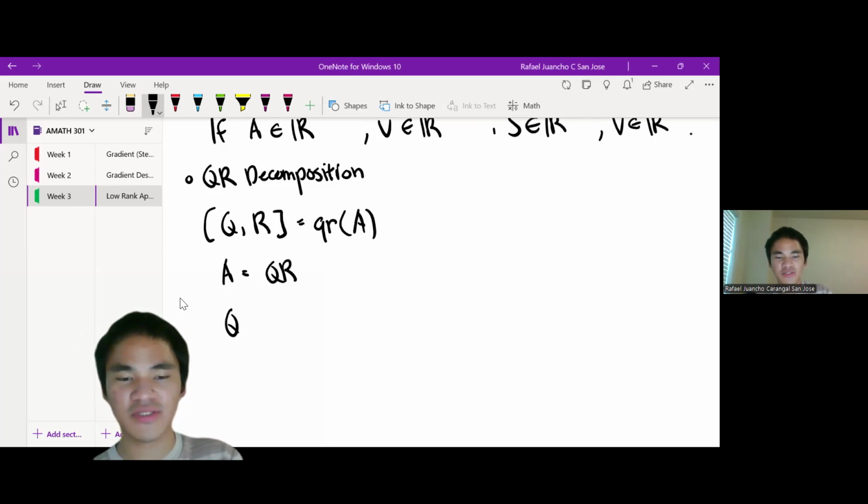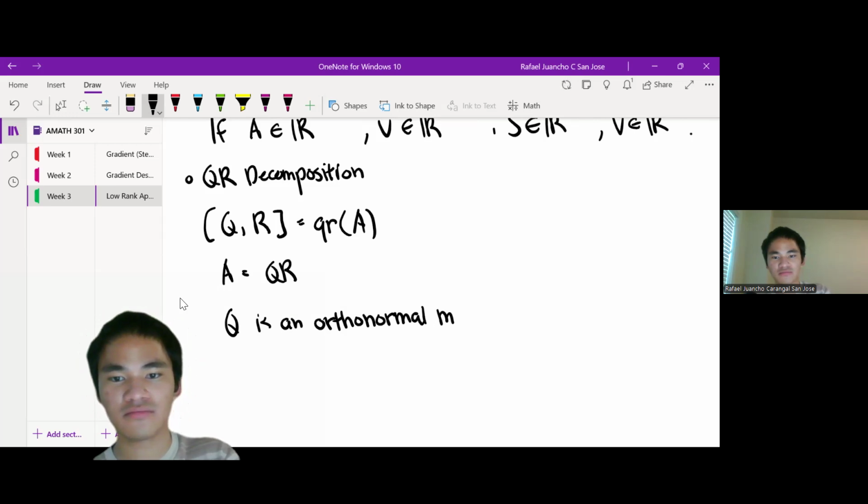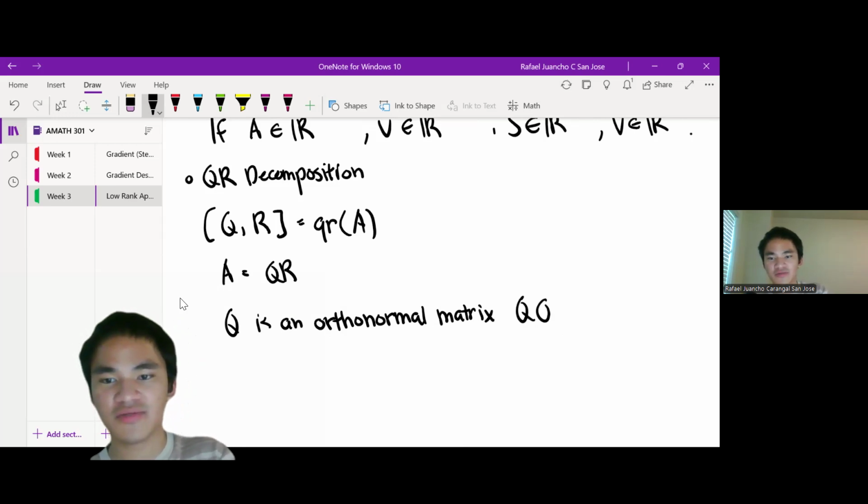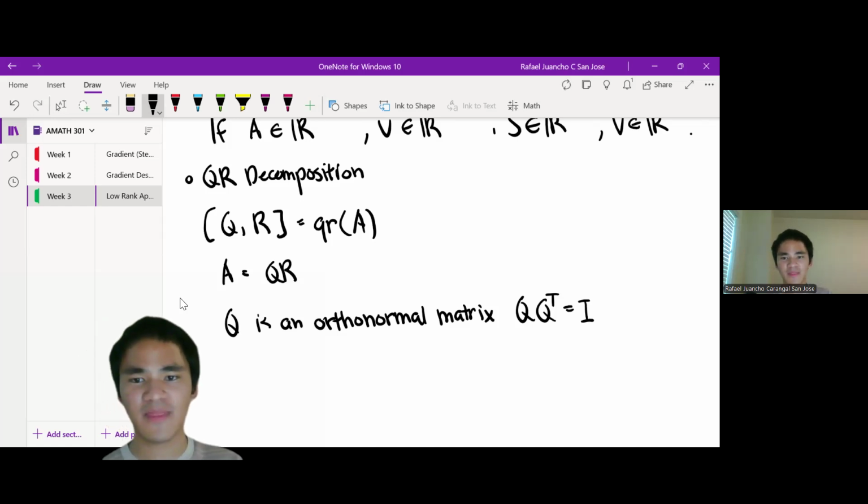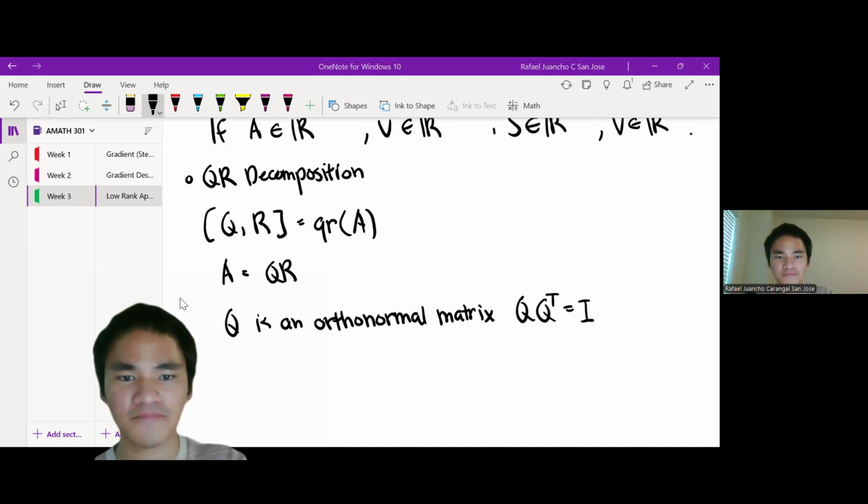So again, we're decomposing this matrix, right? So Q here is again an orthonormal matrix. So again, what do we mean when we say orthonormal? Well, we mean that my Q times my Q transpose is just equal to the identity matrix, right?